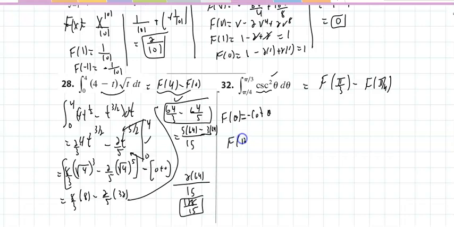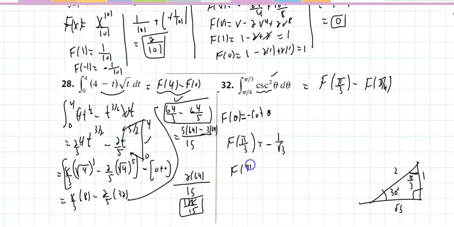If I figure out what f of pi over 3 is, and in case you've forgotten from back in the days, there's 30, 1, 2, radical 3, and pi over 6 is right there. Pi over 3 is right there, I'm sorry. So f of pi over 3, that would be the cotangent, and that would be 1 over radical 3.